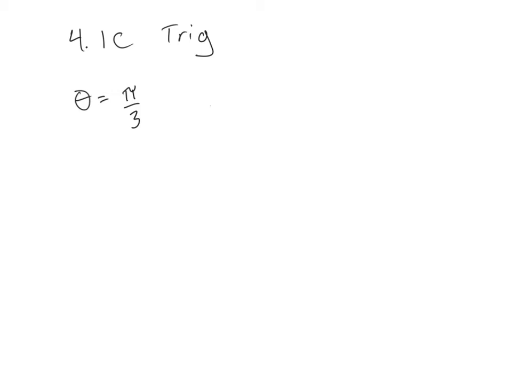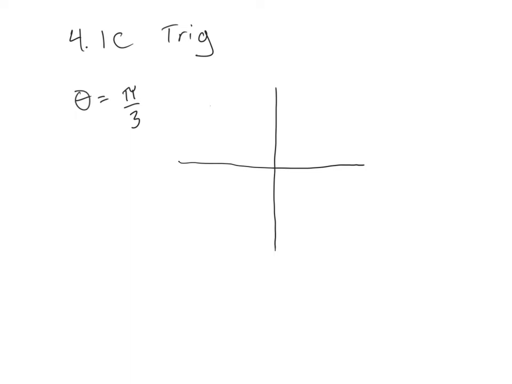Well, I want to draw a picture to see what that really means when I have pi over 3. First, it's a positive angle because it's a positive number, so I know that the angle is going to move in a counterclockwise direction.